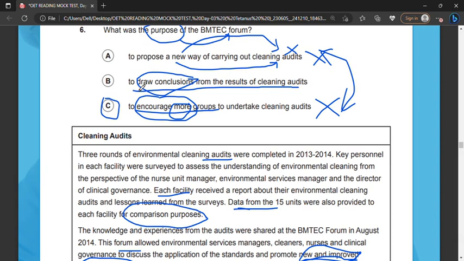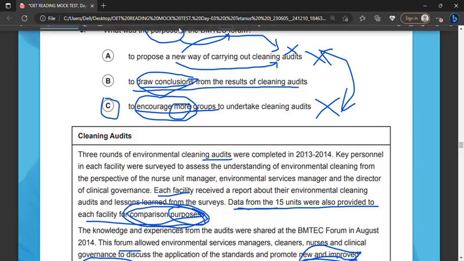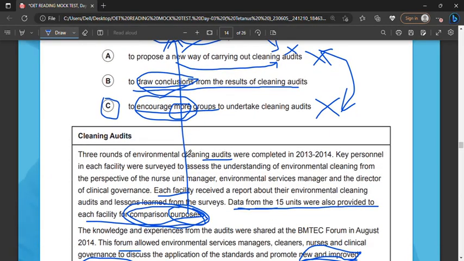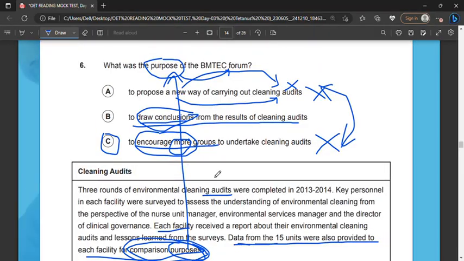So yes, that is the answer. Data from 15 units were also provided to each facility for comparison purposes. Here is your purpose. Okay, so it is easy.